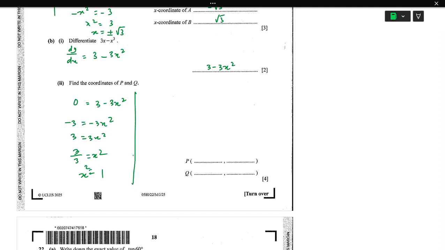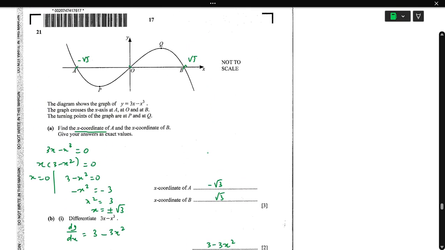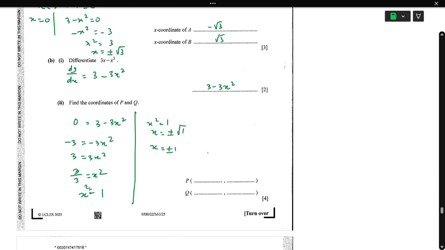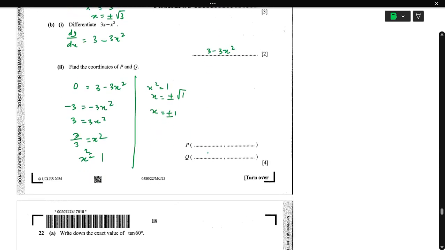From x square equal to 1, x equal to plus or minus square root of 1, which is plus or minus 1. P is on the left side, so P has x coordinate negative 1, and Q has positive 1.